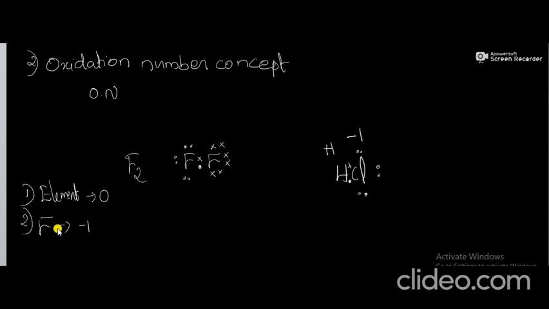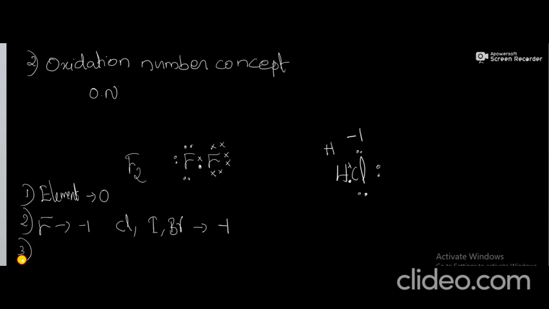Second: the oxidation number of fluorine in all its compounds is -1. The other halogens too, that is chlorine, bromine and iodine, have an oxidation number of -1 when they are bonded to less electronegative atoms.